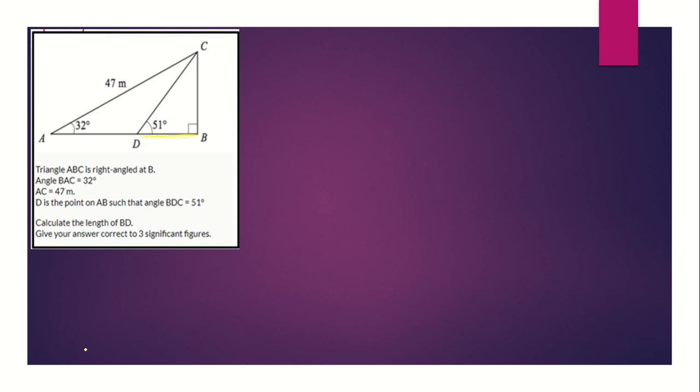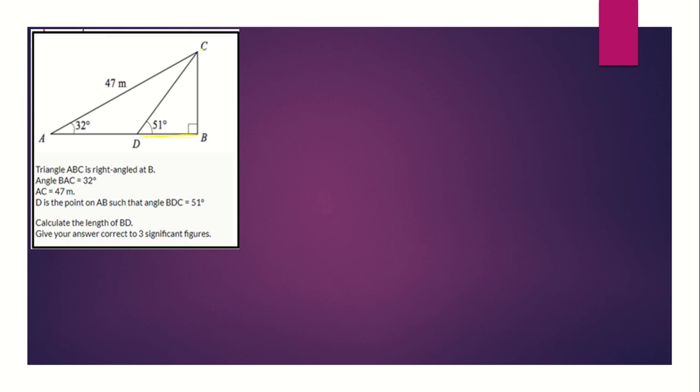So what we are going to look at here is there are two triangles. This is one triangle, that is ABC, and there is another triangle, that is BCD. So if you want to apply the trigonometric ratios, we know that there should be a right angle triangle. So we are not going to consider this triangle.